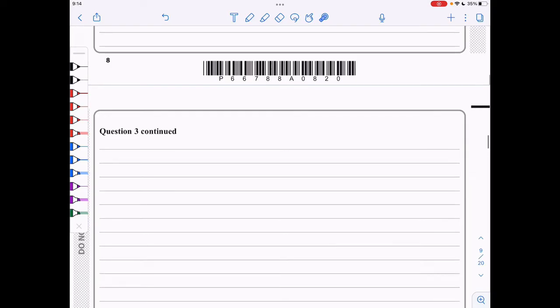So for the mean, we know that x bar is sigma x over n, which will be 607.5 over 27, which is 22.5 minutes.